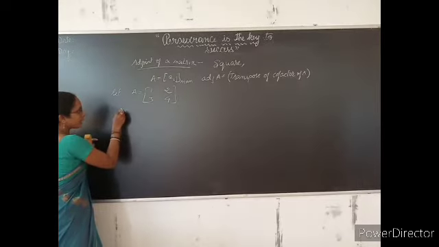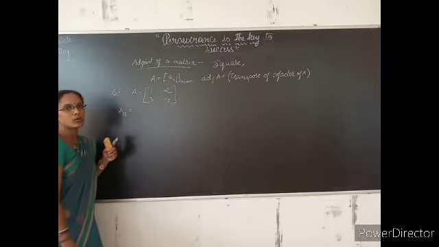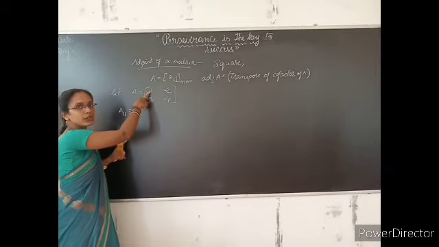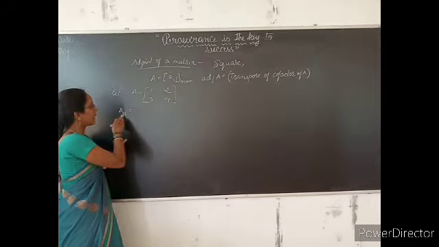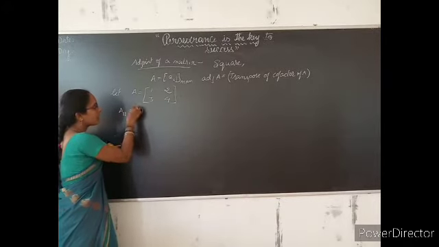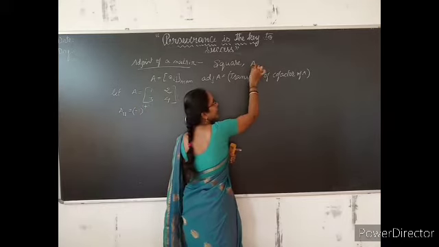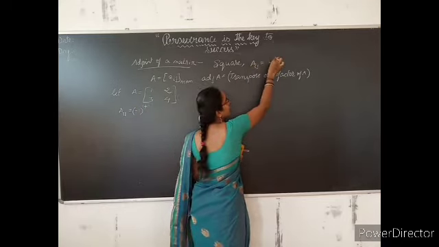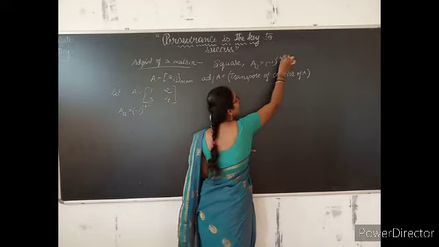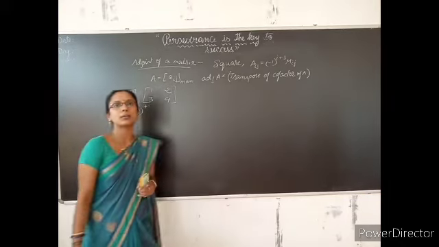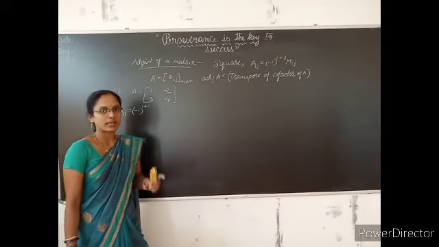Therefore, I'll directly write the values. A11, you know, that denotes the cofactor of an element that lies in the first row, first column. That is, A11 is minus 1 to the power 1 plus 1, because the formula is Aij is equal to minus 1 to the power i plus j into Mij, where Mij is the minor of an element.